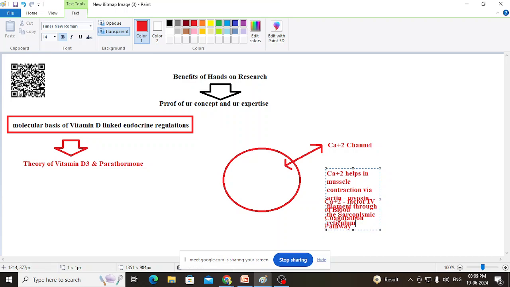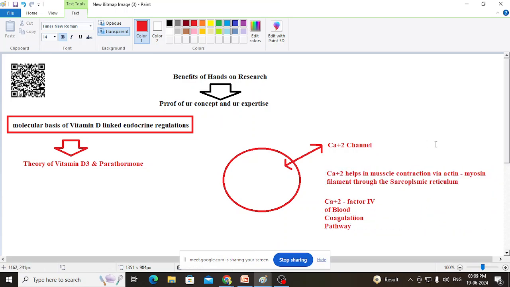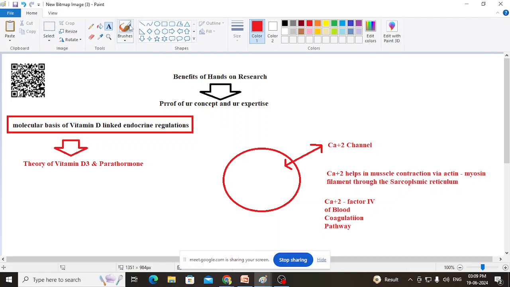Okay, understood. So these are the major functions of calcium.